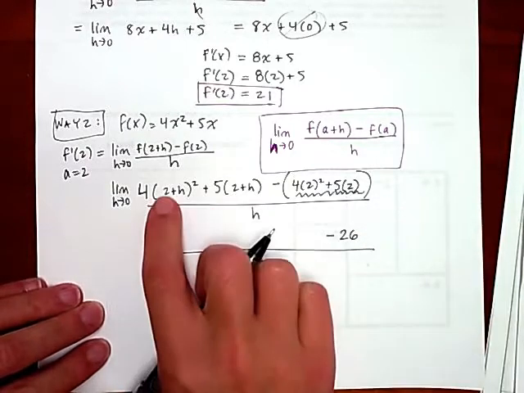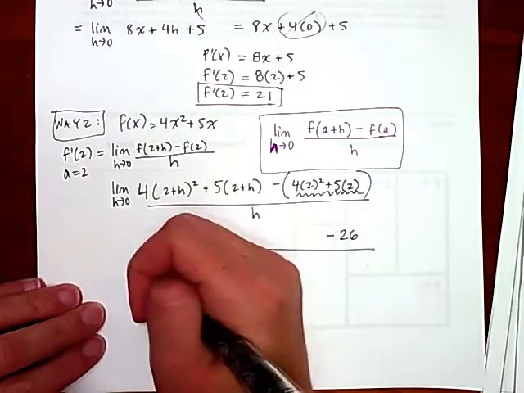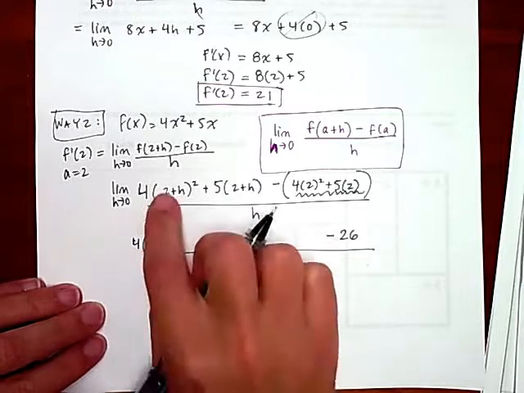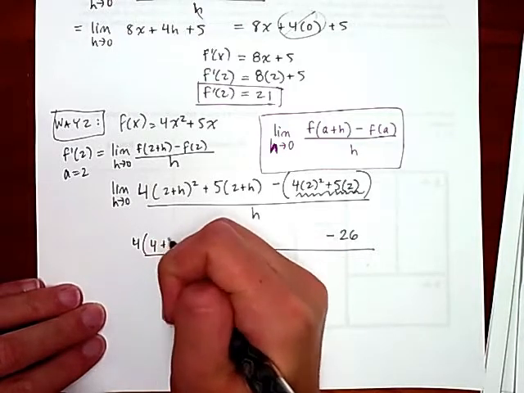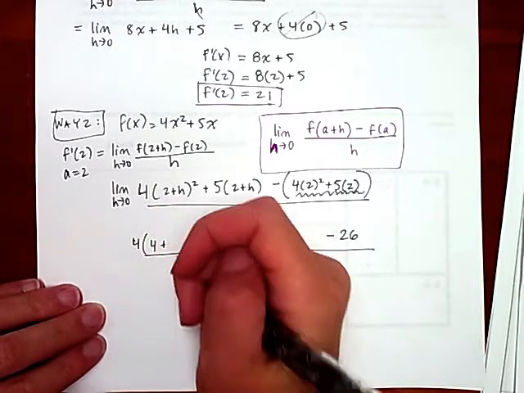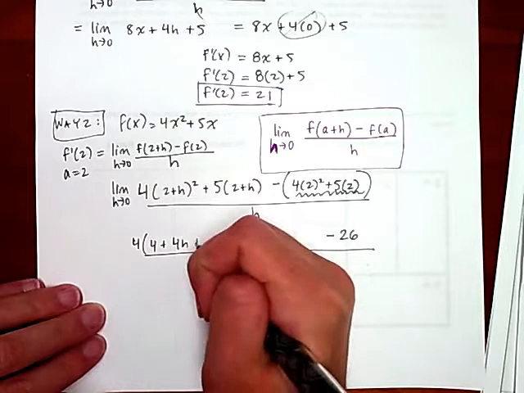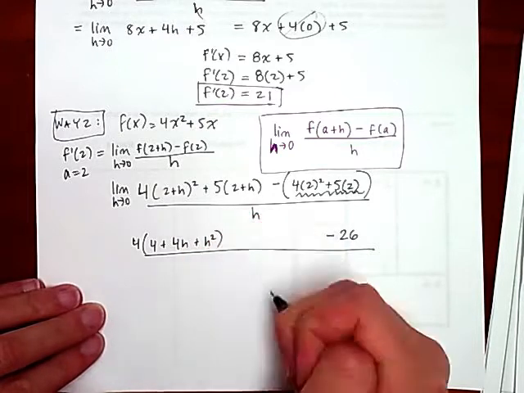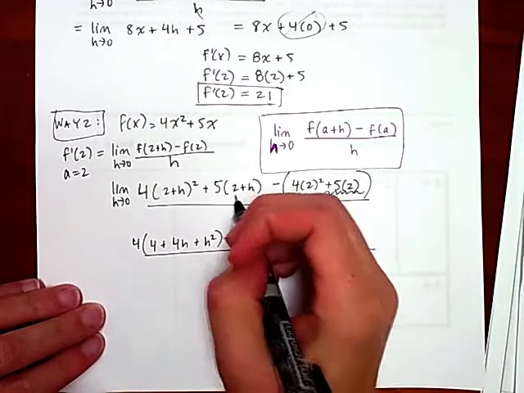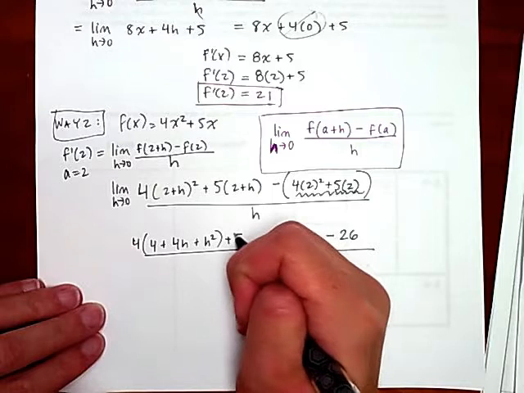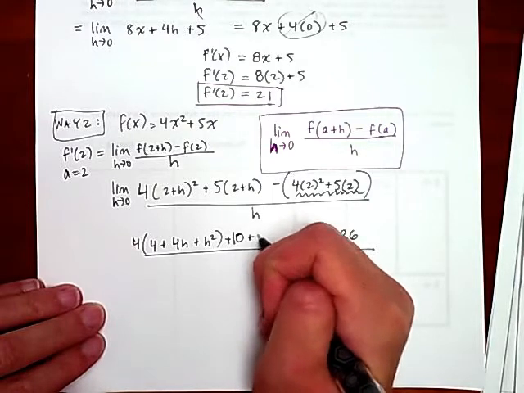And what goes here? Well, I can expand 2 plus h squared. So 2 squared is 4 plus 2 times 2 times h, so it would be 4h plus h squared. And then here I could distribute the 5 inside, so plus 10 plus 5h.